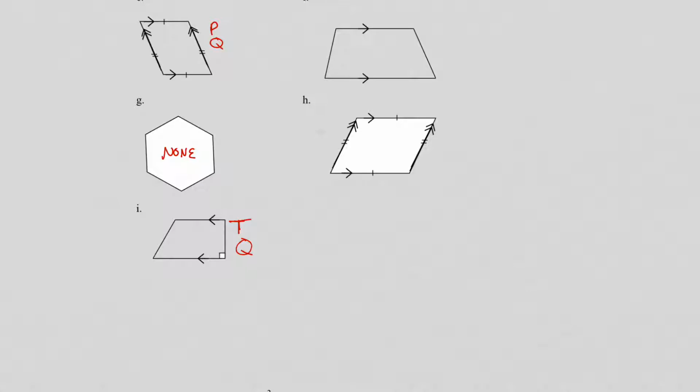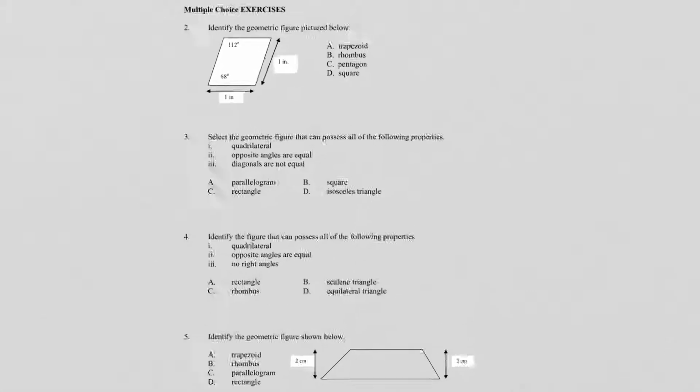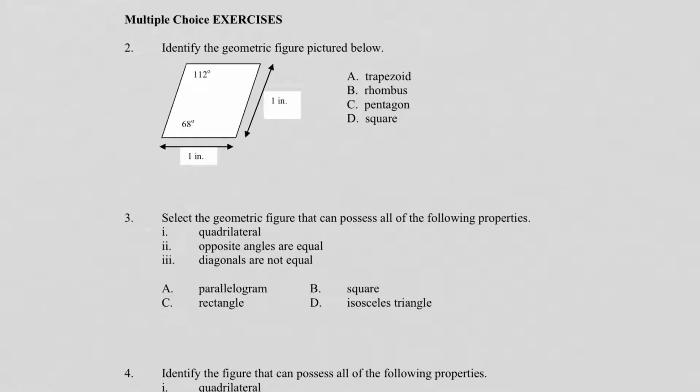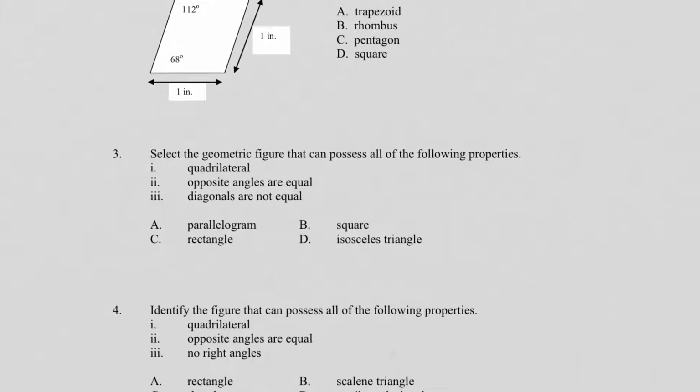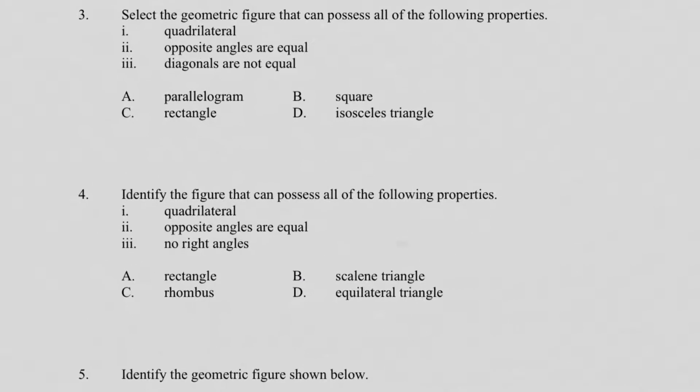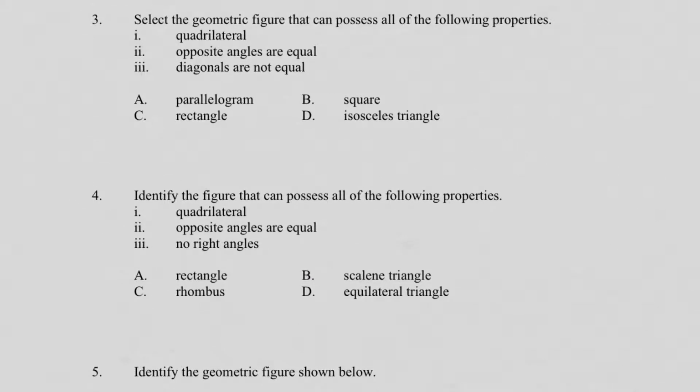All right. Let's go to the next page. Take a look here, and these are multiple choice exercises. Basically, you want to figure out what's going on here. So I'm going to do the odds as typical. So it says select the geometric figure that can possess all of the following properties.